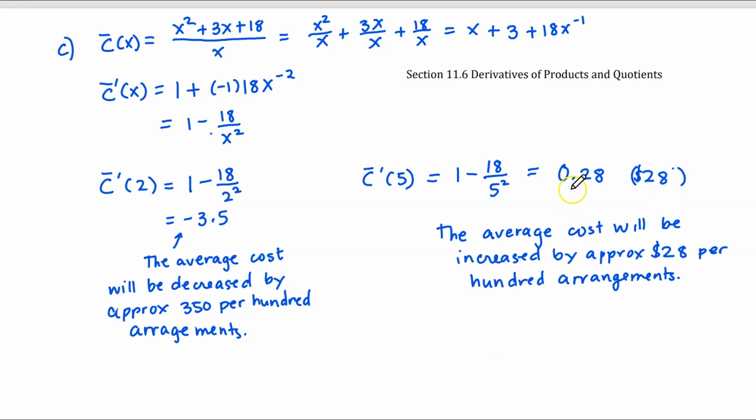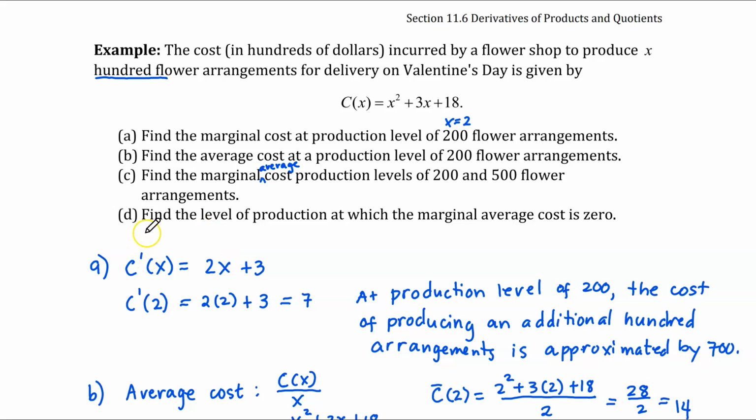Again, to reiterate, 0.28 will be multiplied by 100 because this is in hundreds of dollars, and then we interpret the result: this is the marginal average cost, so the average cost will be increased by approximately $28 per 100 arrangements at a production level of 500 flower arrangements.